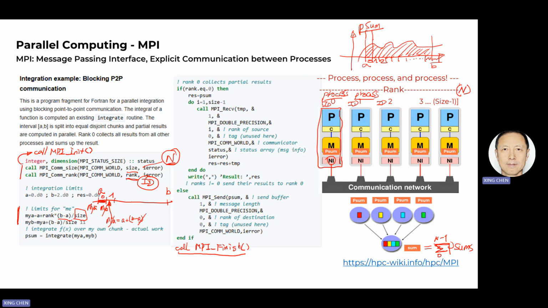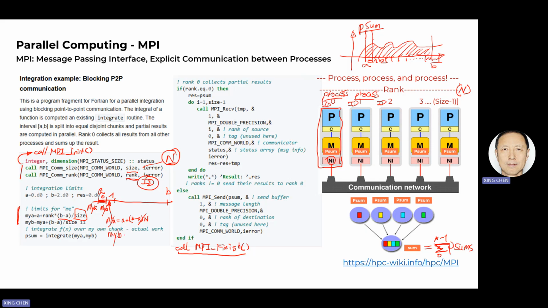So for the second MPI process, its starting point will be my A, plus B minus A divided by N, and its endpoint is going to be my B. Let me write here.